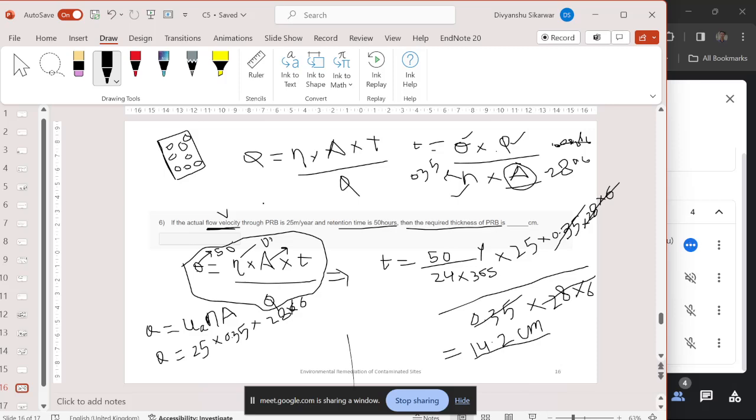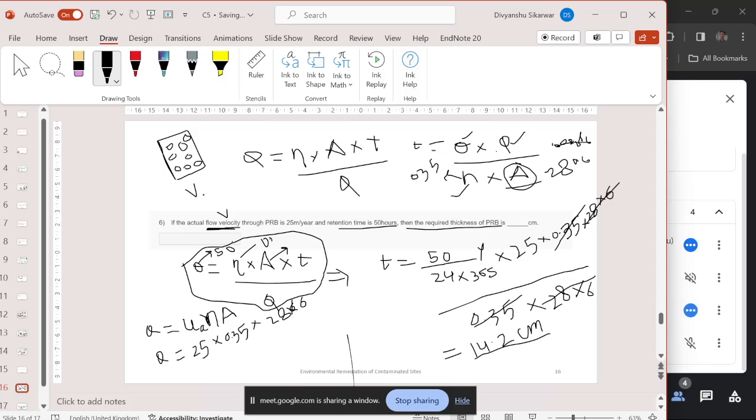Because water going through the soil looks for the shortest, least-resistance path and sticks to that path to move forward, the actual or seepage velocity will be higher than the theoretical velocity.